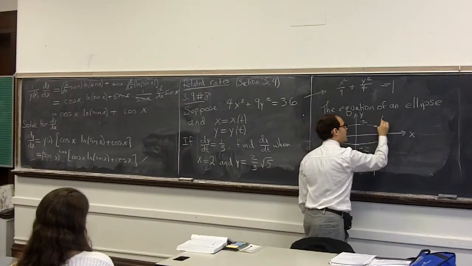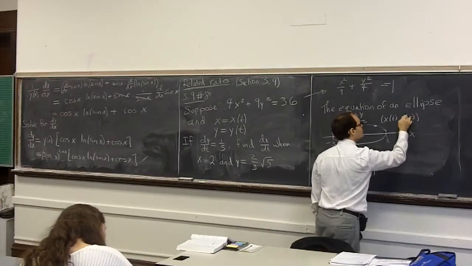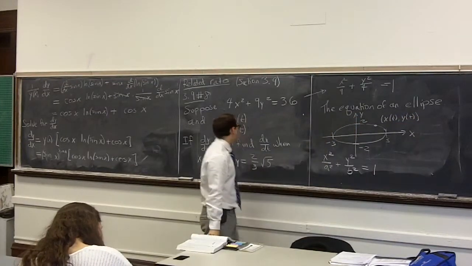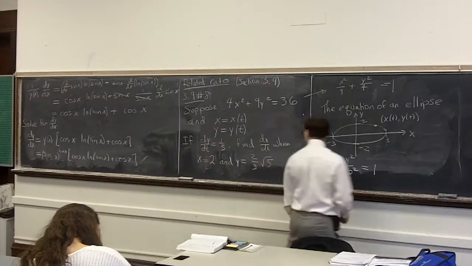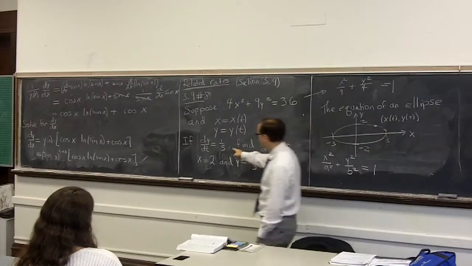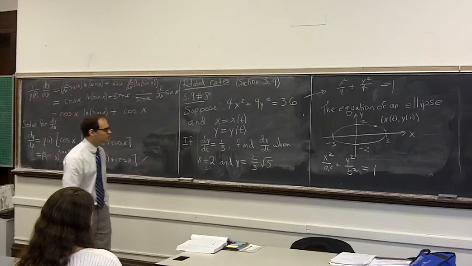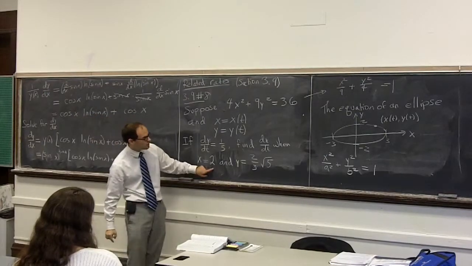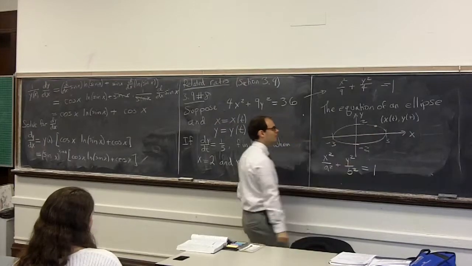So we've got an x of t, y of t, which is a point on this ellipse. And it's changing with respect to t. It's in motion. Now, in this particular case, we know that dy dt is 1/3, x is 2, and y is this. All right, so putting all those pieces together, x equals 2, y equals whatever it is. That's more or less here.